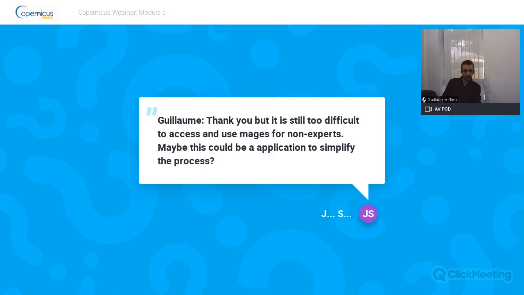Thank you, but it is still too difficult to access and use images for non-experts. Maybe this could be an application to simplify the process. Yes, to access and use images for non-experts, from my point of view, the easiest way to access images is the Sentinel Hub application, the EO Browser developed by Sentinel Hub.